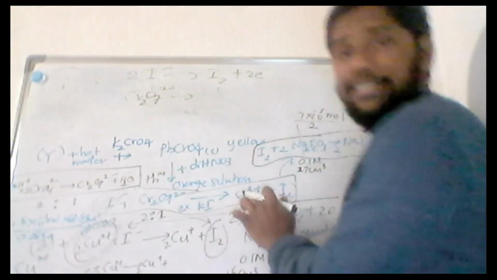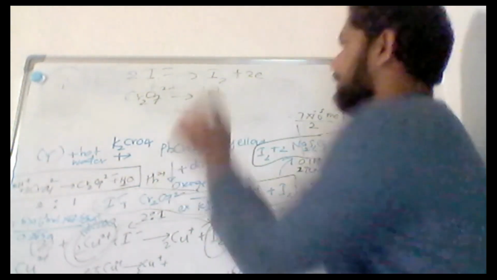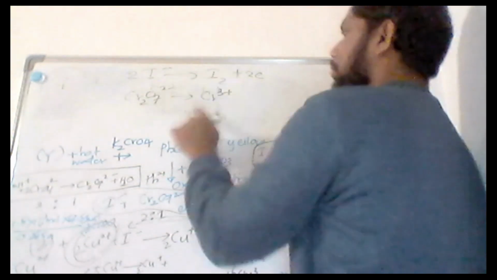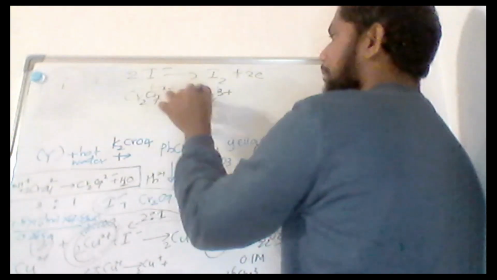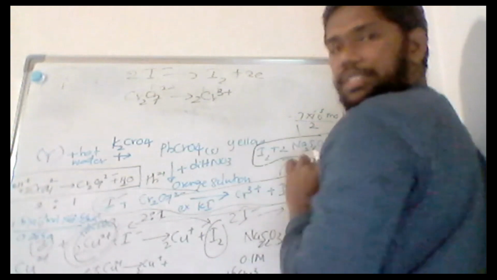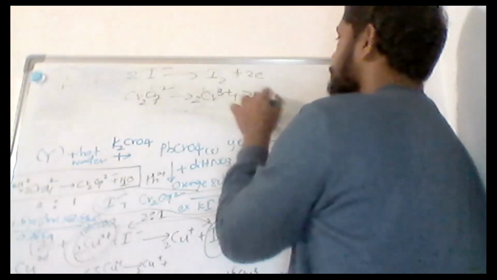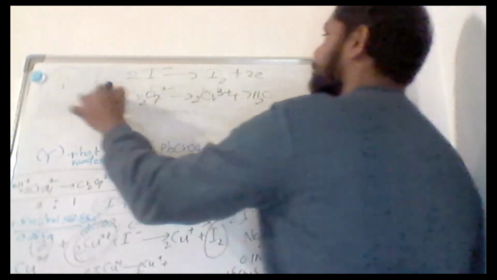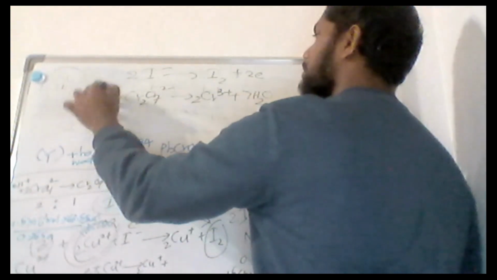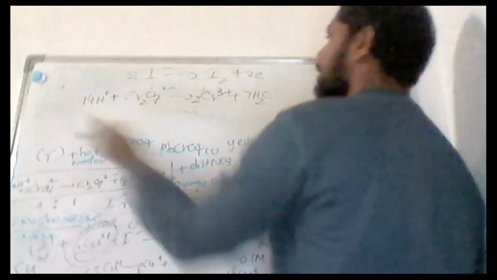Cr2O7 2 minus to 2 chromium 3 plus, because the medium is acidic. So 1 chromium, 2 chromium; I am going to balance chromium. So chromium is done. Then 7 oxygens, therefore 7H2O, and 14H plus, because there are 14 hydrogens here. Then the charges.